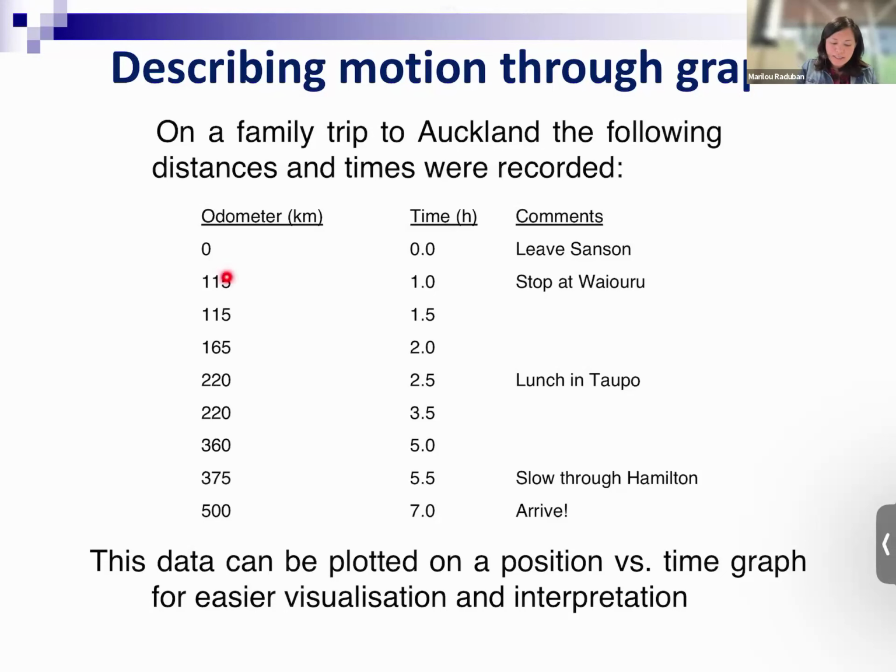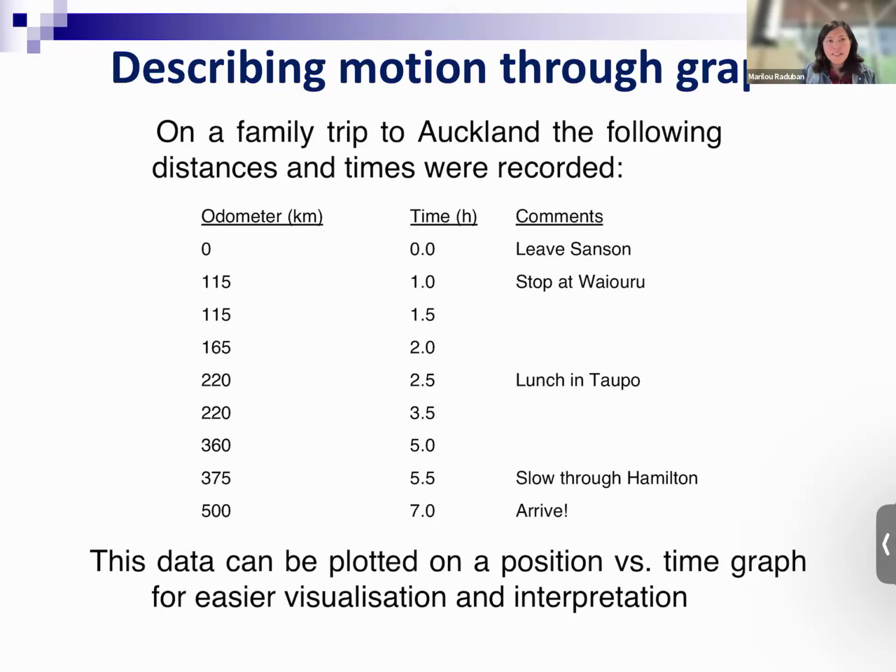So here is just an example of a car trip where the car traveled at different distances at different times, and therefore it will have different speeds and different velocities at different times.